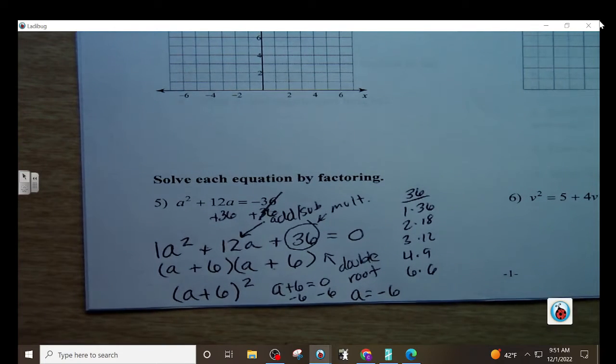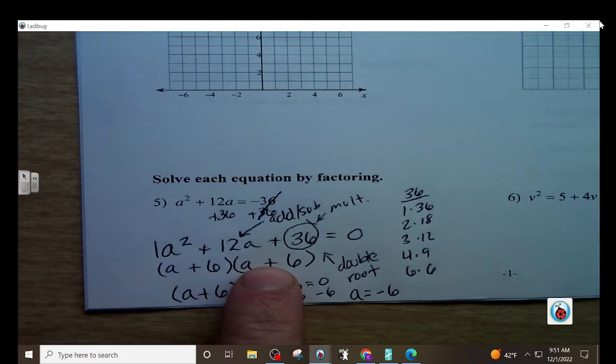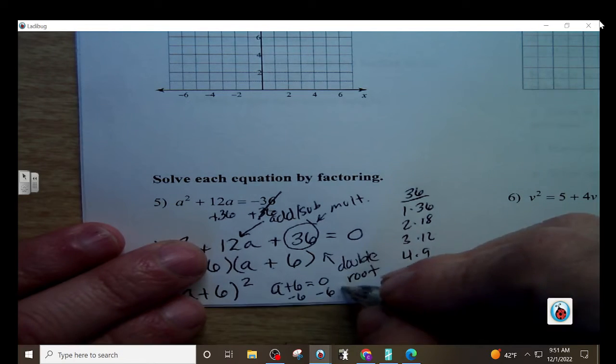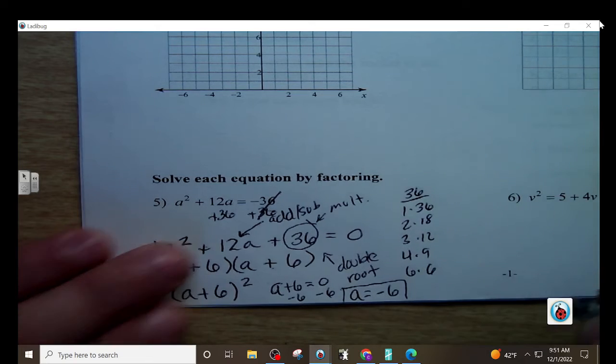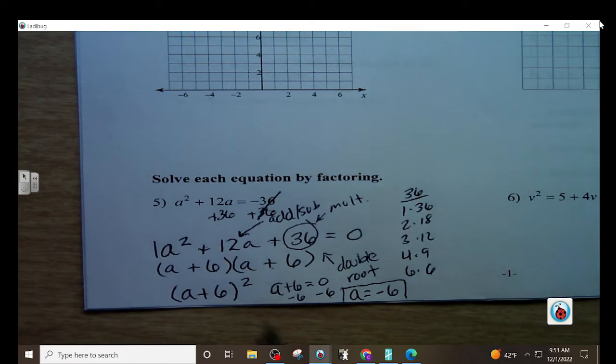Just one, right? Guys, if you have the same binomial, that means you're going to have a single number. That is called a double root. Also, when you get on up into Math 3, it talks about it having a multiplicity of 2, which is just a fancy way of saying that both roots are the same number. But that is called a double root.